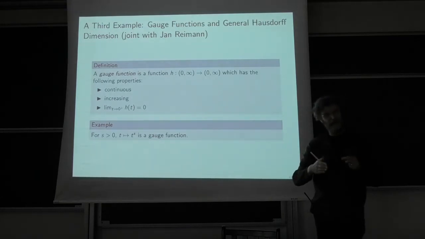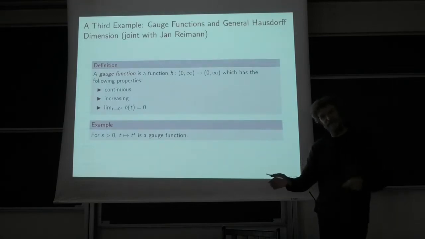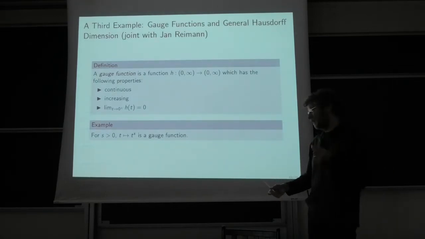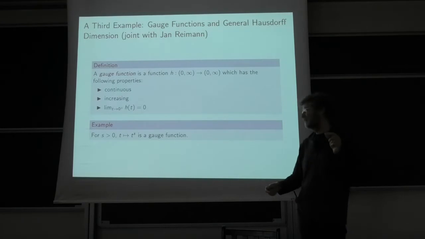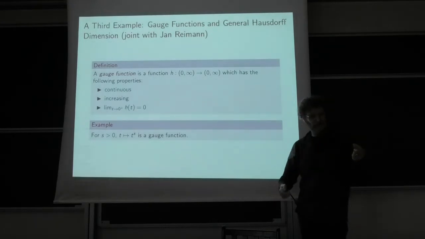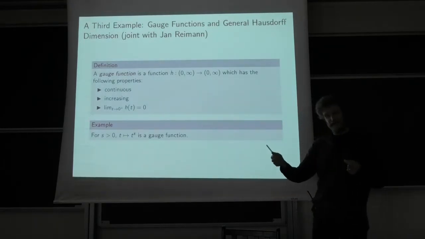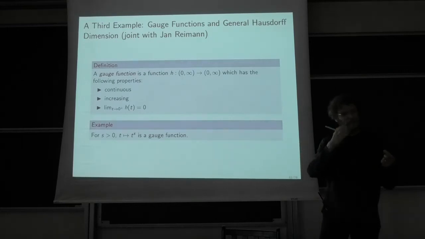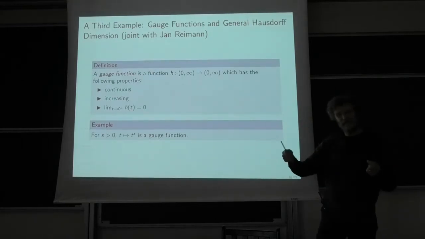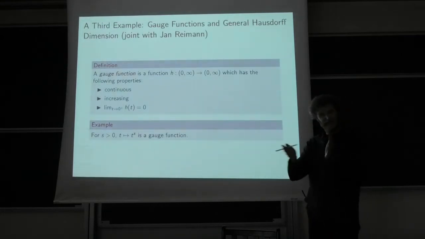The different outer measures pick out different classes of sets as having positive measure. But if I have s1 that's bigger than s2, there are lots of functions that sit in between.